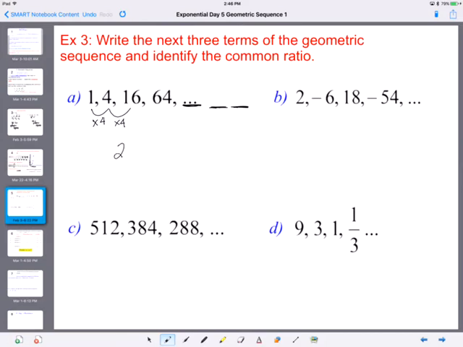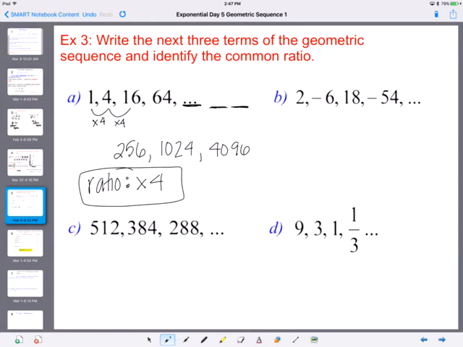So we got 256. 256 times 4 is 1,024. 1,024 times 4 is 4,096. The ratio is multiplying by 4. Term 1, term 2, term 3.